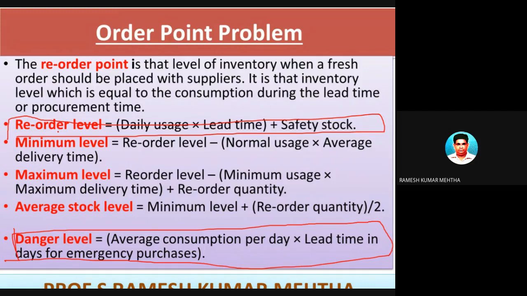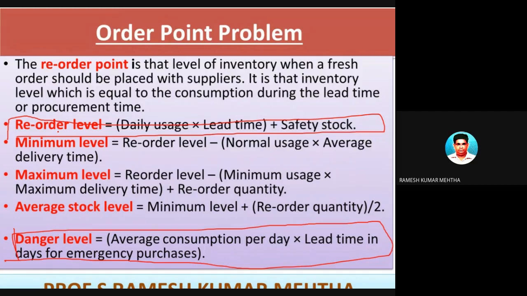Reorder point, that is, when we have to order. For example, today in the morning when I got up, I am habituated to drink coffee or tea, and unfortunately I found that the tea powder is exhausted.